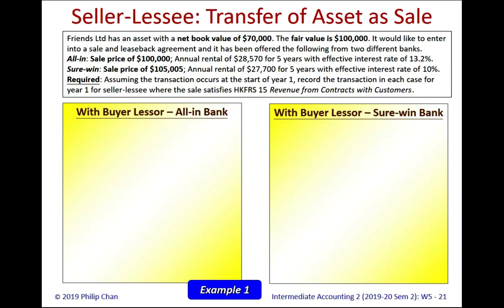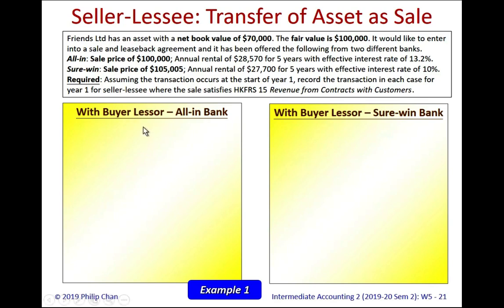Remember, in the case of the seller-lessee, it sells the asset to All In first for 100,000, and then leases it back again. So what should be the double entry then?